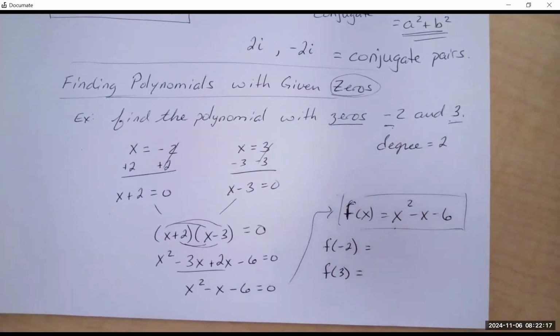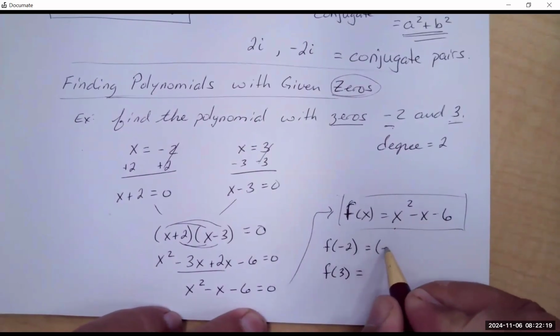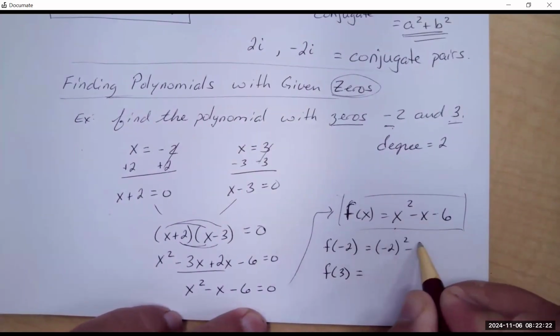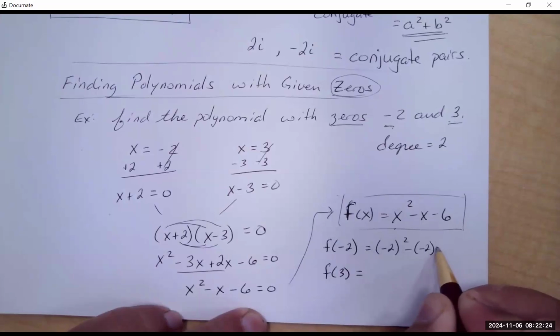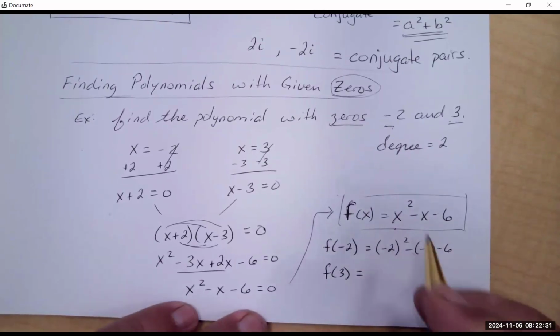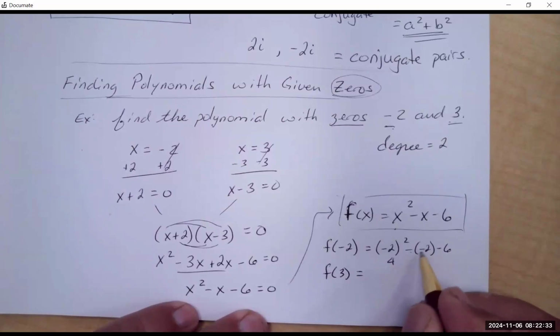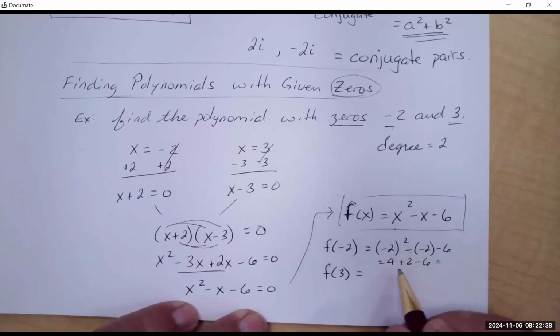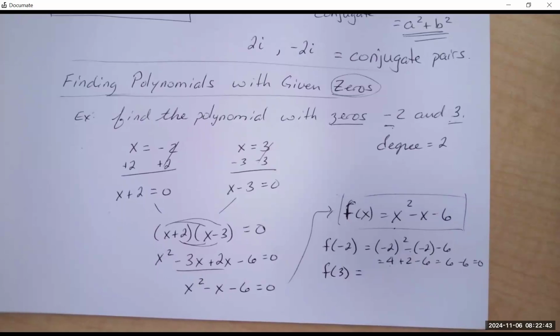If you put them inside the function, we get -2 squared minus -2 minus 6. -2 squared is 4. Negative and negative is a positive. 4 plus 2 is 6. 6 minus 6 is 0. So if we plug them in there, it has to come out equal 0.